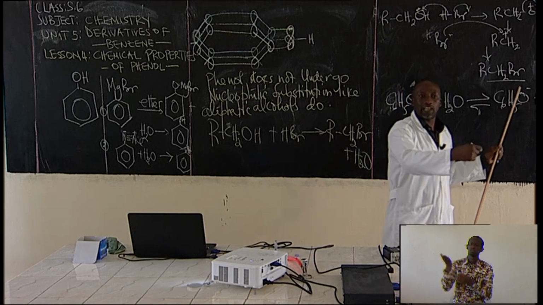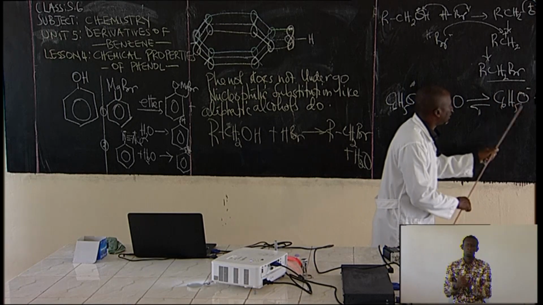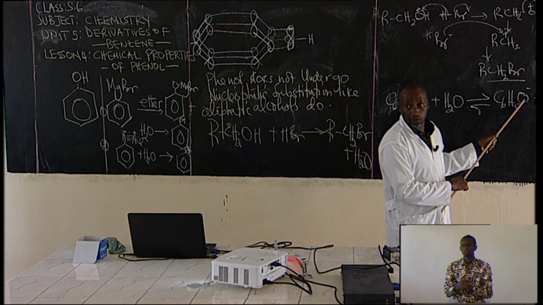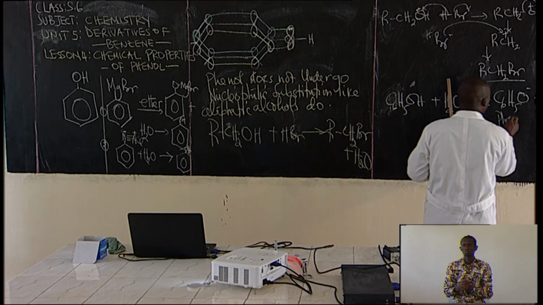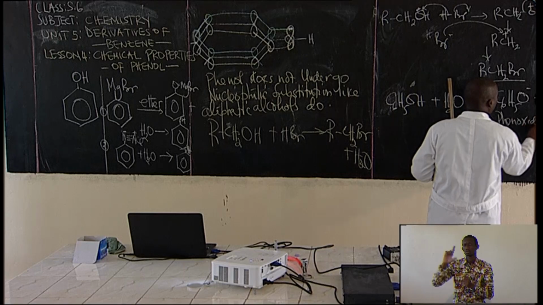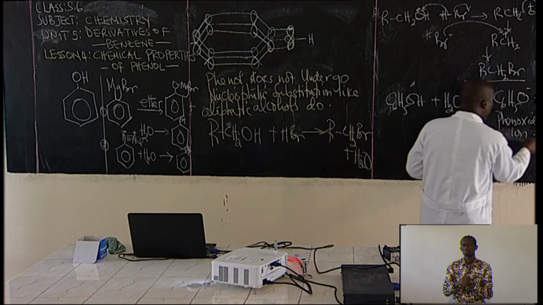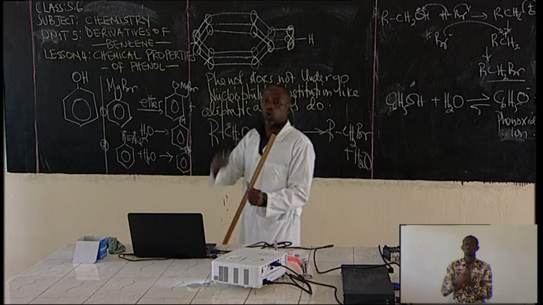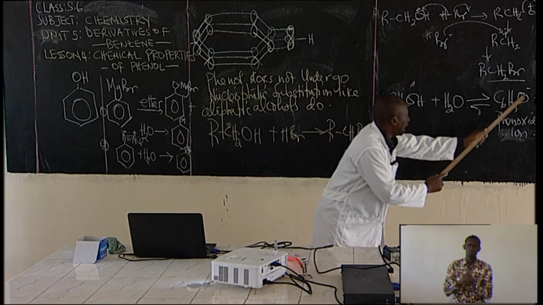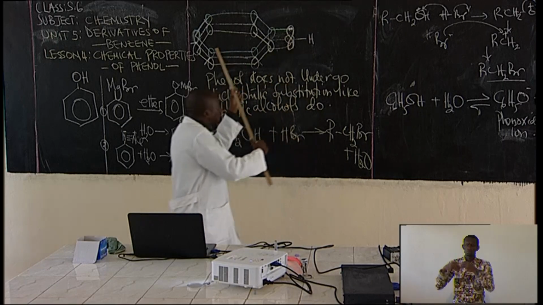And that stabilizes the phenoxide ion. This one is called the phenoxide ion. It is stabilized by the delocalization of the negative charge which is formed here.